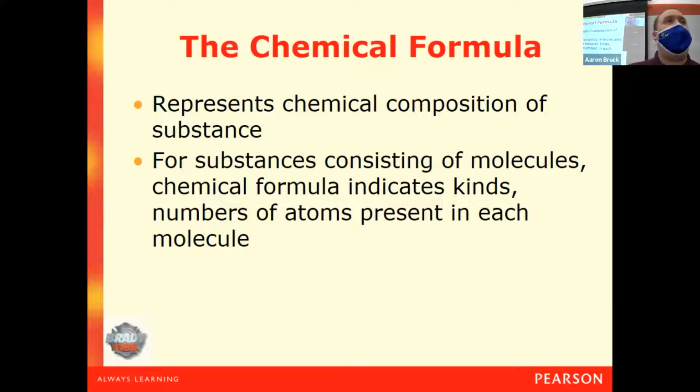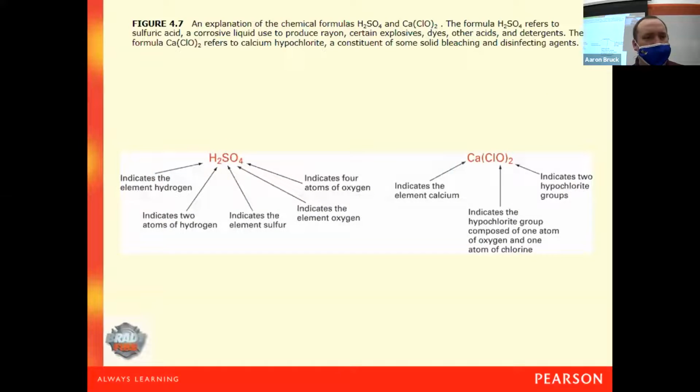And in a lot of ways, how are those elements arranged? So when I look at a chemical formula, I get some information along those lines. So sulfuric acid, for example, H2SO4. What this tells us is that we have three different elements in this substance. We have hydrogen, we have sulfur, and we have oxygen.